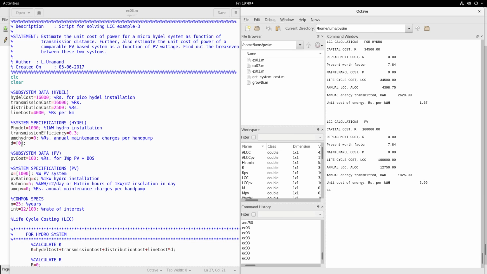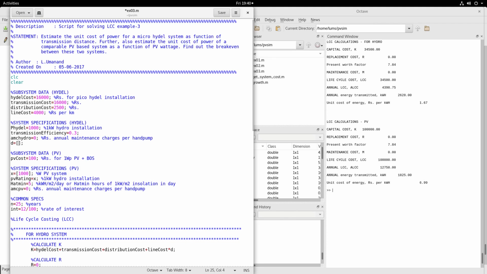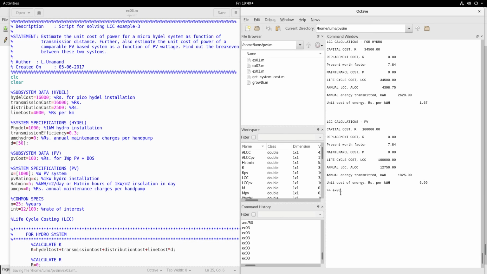Now let us say D, I change it to 50. It is greater than 28 kilometers, 50 kilometers. Therefore, hydro will become more expensive. So if I rerun this, you will see that hydro is 11.38 rupees as compared to the PV. PV is more economical.